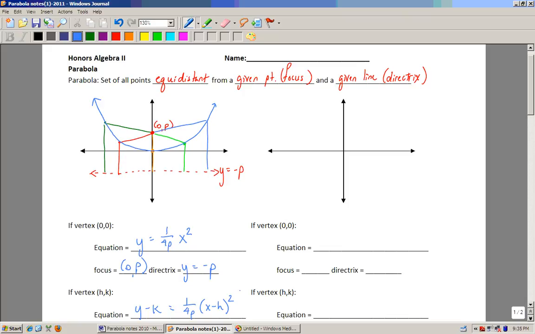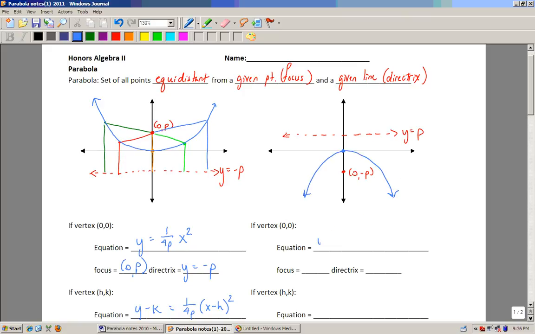Now the parabola can open in different ways. You already know this from the past. If we take a parabola with the focus at (0, negative p) and the given line up at y equals positive p, then the parabola, with the vertex at (0, 0), is going to wrap around that focus in a downward direction.